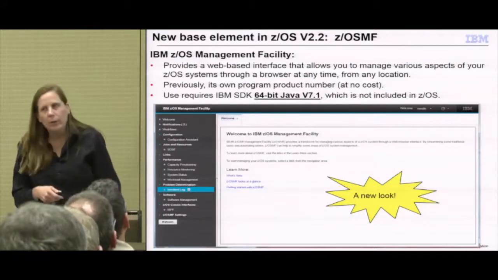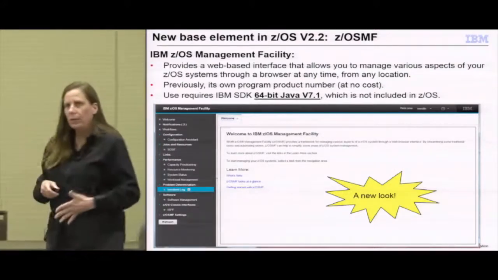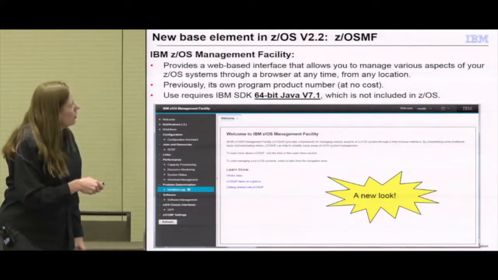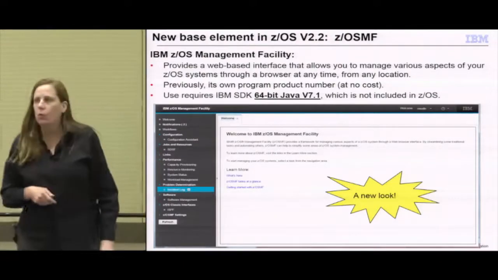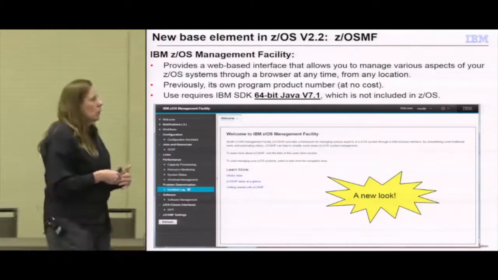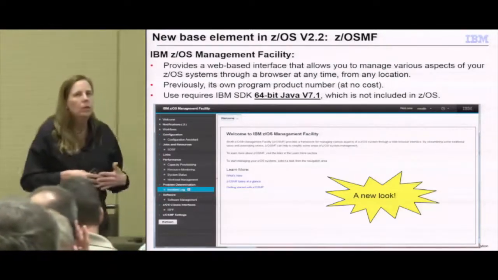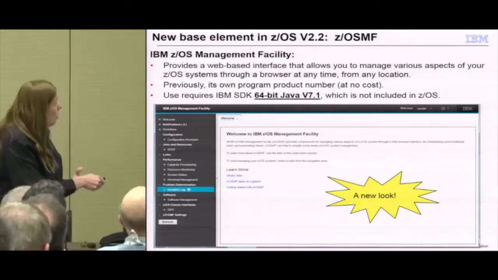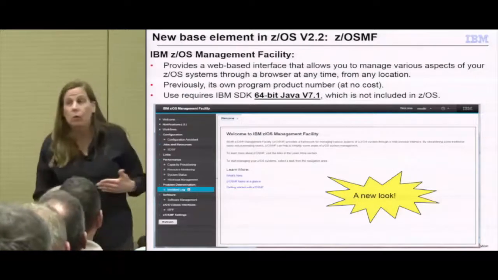Previously, it was its own program number, as I said. Now that it's a base element, you don't have to order it. Also, its use is going to require 64-bit Java 7.1, and that is not included in z/OS. So what you'll see is a bypassable requisite when you go to order z/OS 2.2 for the 64-bit Java 7.1.